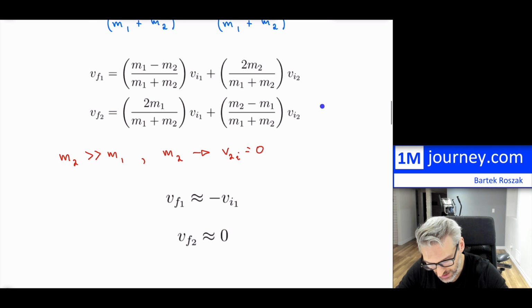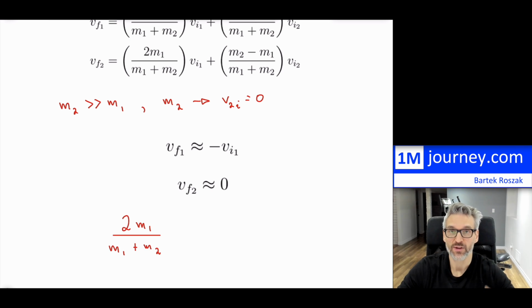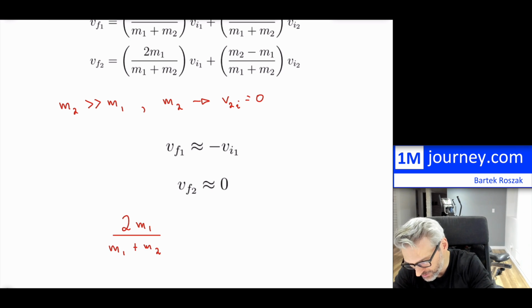Well, if you look at this formula and you know that this is much larger than this, then what happens is that the first term, 2m1 divided by m1 plus m2, okay? Let's say that m1 is equal to 1.